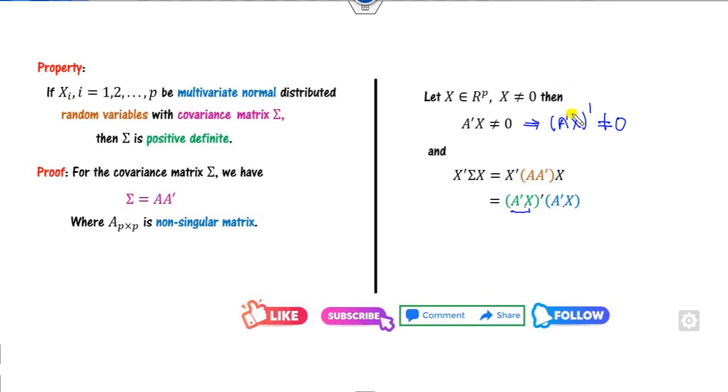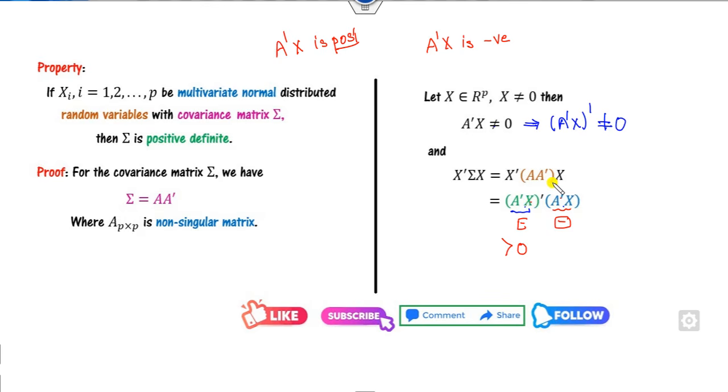Then the question arises whether it is positive or negative. Assume A transpose x is negative. Then its transpose is negative, again negative, and negative into negative is positive. So this is greater than 0. If A transpose x is positive, then its transpose is positive, and the product is again positive.